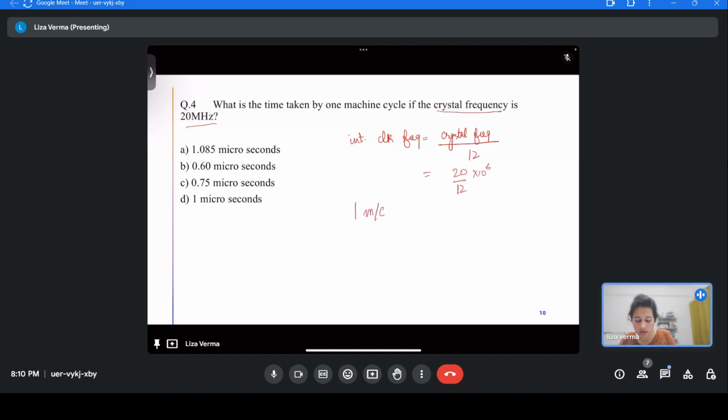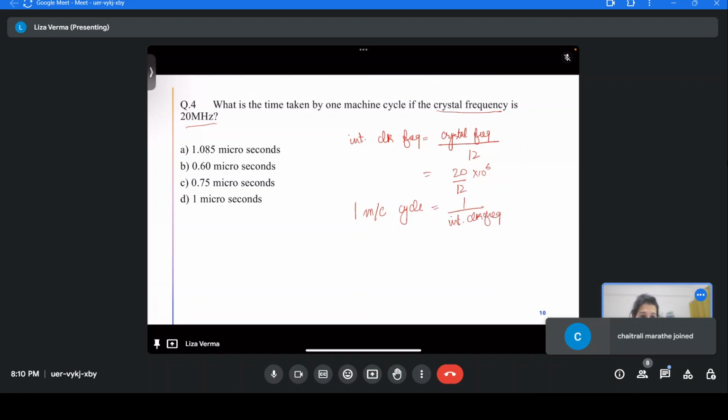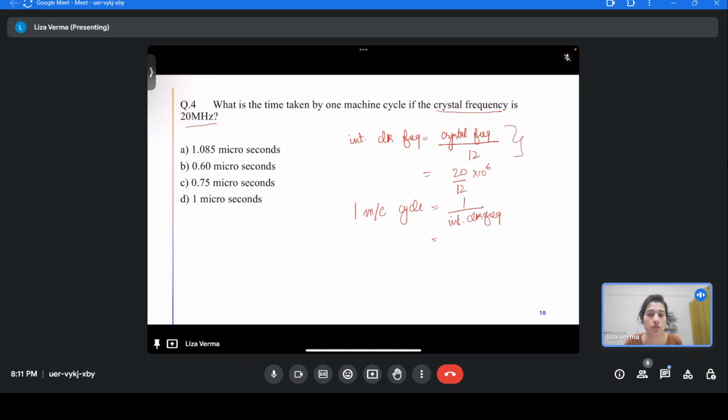Which will give us one machine cycle equal to 1 by internal clock frequency. So this is what it does, right? Whatever oscillator or crystal is connected to it, it will divide it by 12 to give the internal clock frequency, and from that internal clock frequency you get the machine cycle.